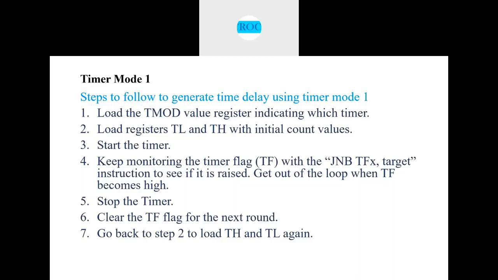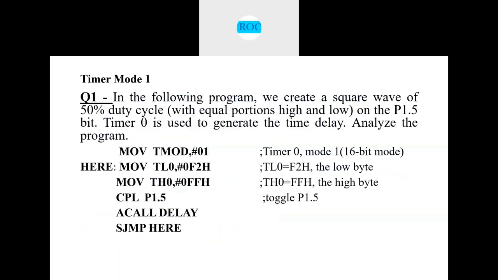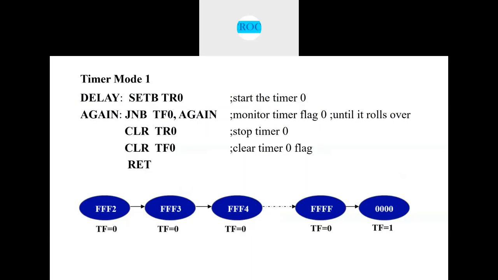Again initialize the TL and TH 8-bit registers with the initial count values. You can start with any initial count. And start the timer. You can use the SETB instruction to start the timer, keep monitoring the flag with the help of the JNB instruction, and stop the timer by using the clear instruction. This is the process which is followed.